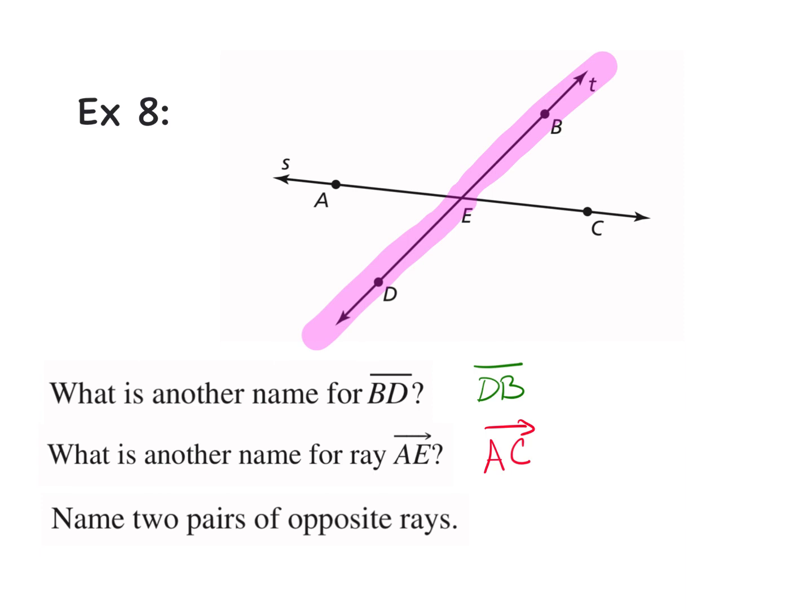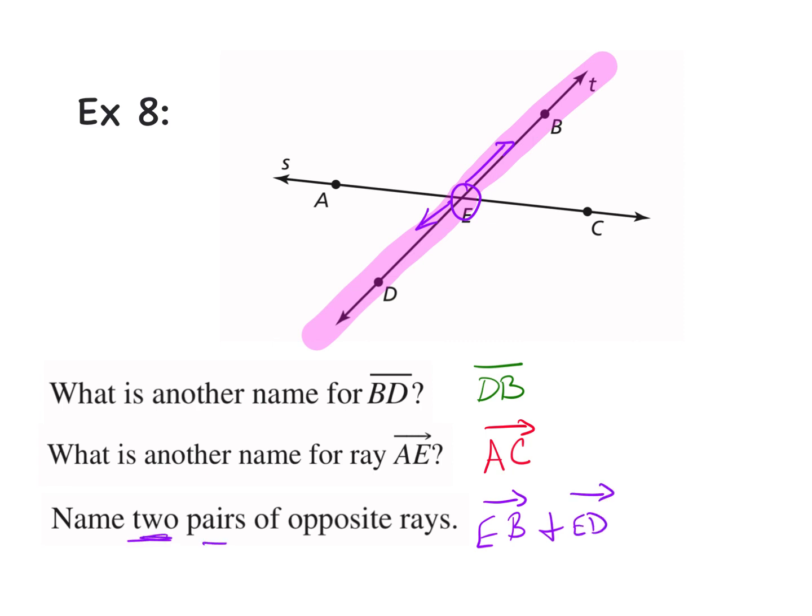It's going to be ray EB because it starts here and goes that way. And I can do ray ED because it starts there and goes that way. Okay, now that's 1 pair.